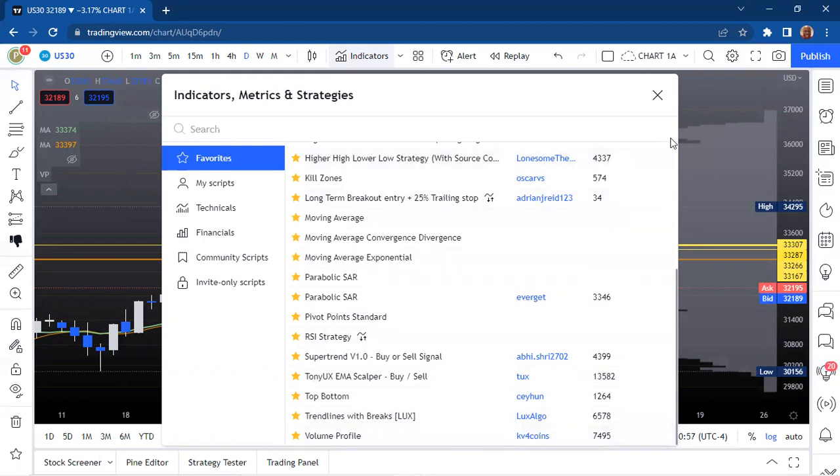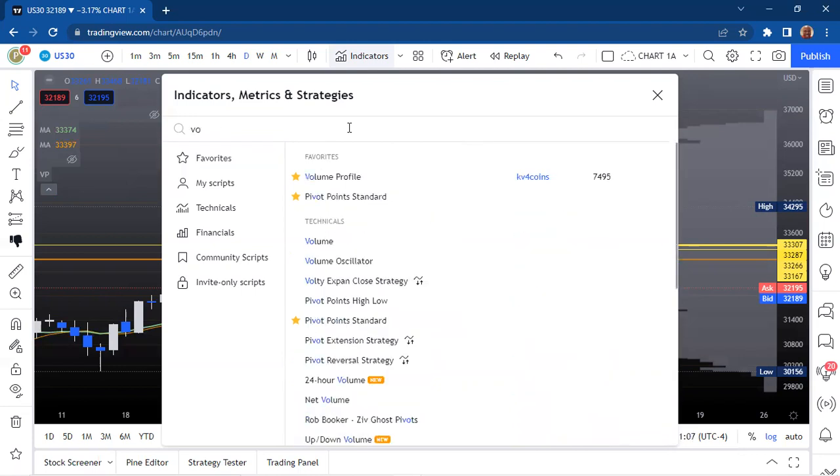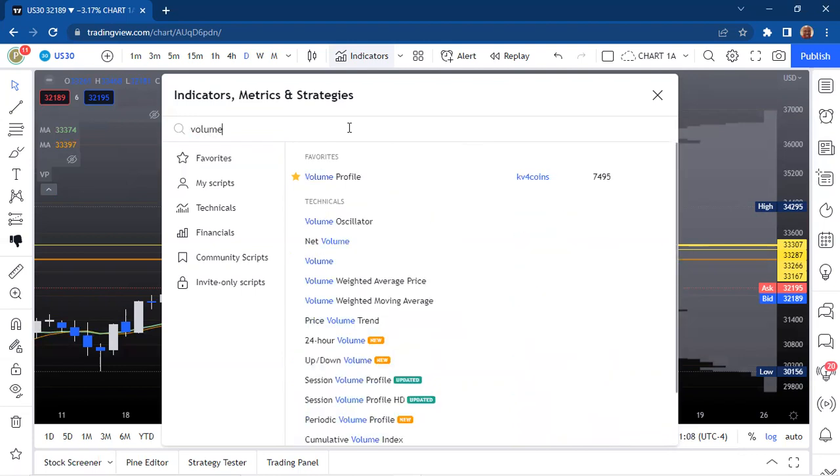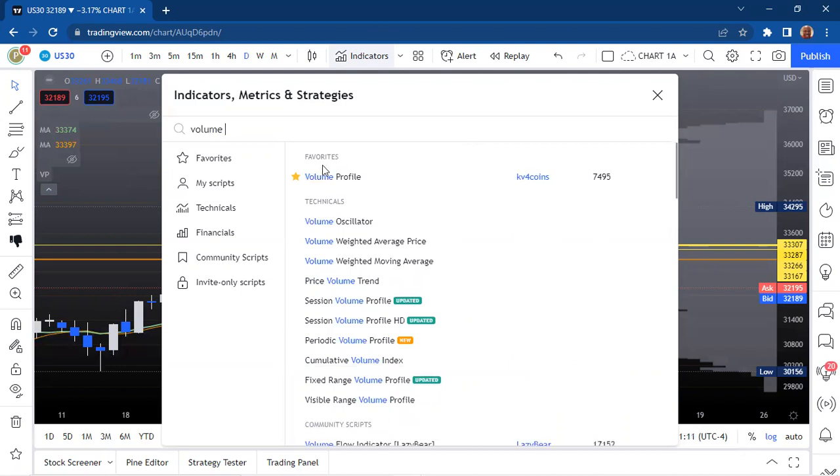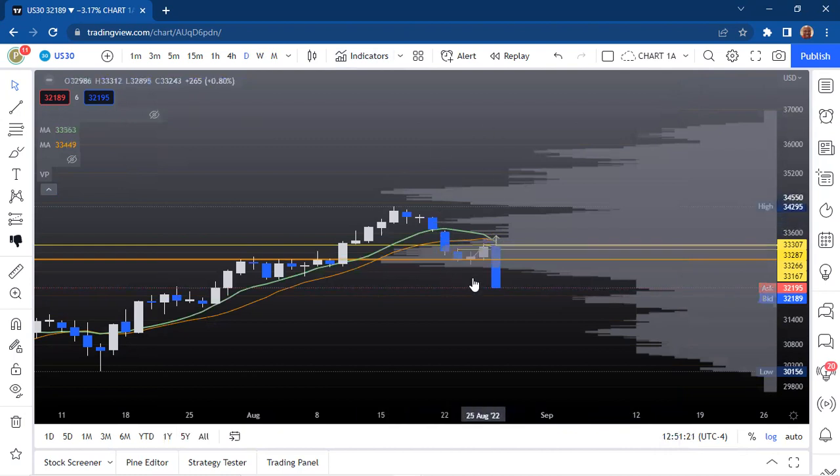So definitely take a snapshot of that or pause the video so you can find that volume profile. You just click over here and type in volume profile. As you can see, it's right here. I've already put a star on it to make it one of my favorites. You can use that on your charts and see where all the volume and liquidity is happening. It's a good tool to have.